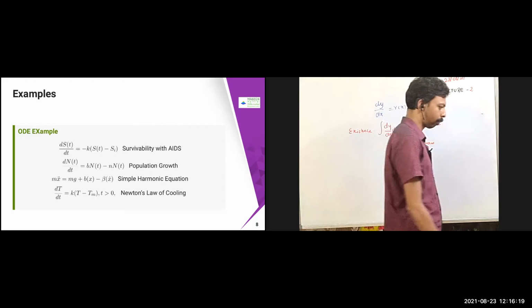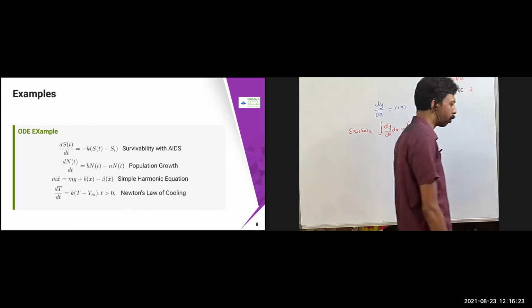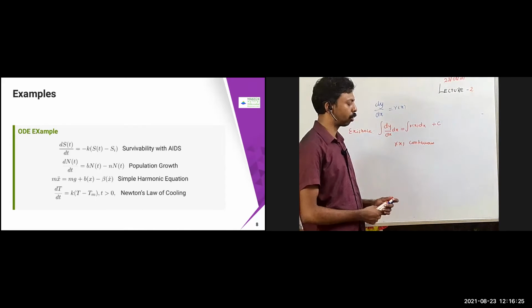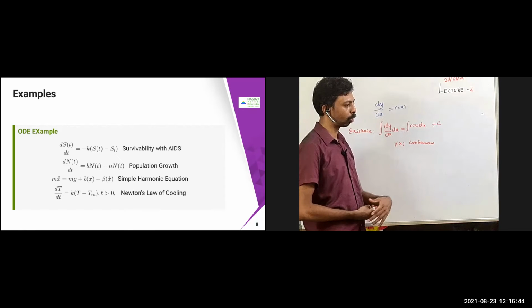Pritam? Yes, sir. Yeah, could you state one or two theorems which you have studied in the analysis course with respect to integral? Pritam? Yes, sir. Yeah, please state one or two theorems which you have studied in the analysis 1 course.